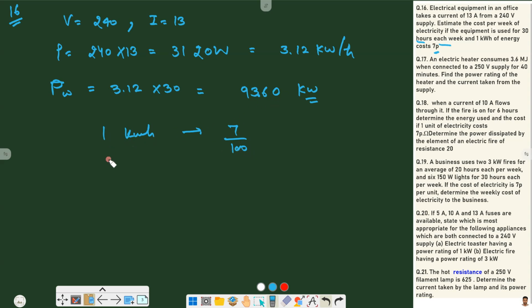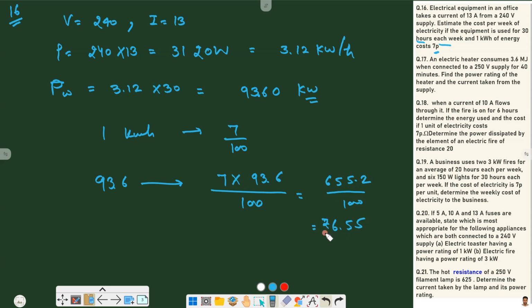For 93.6 it will be 7 into 93.6 by 100, and this can be calculated to 655.2 by 100, and the answer will be 6 rupees and 55 paise. Cost will be something like this. Now going to question number 17.